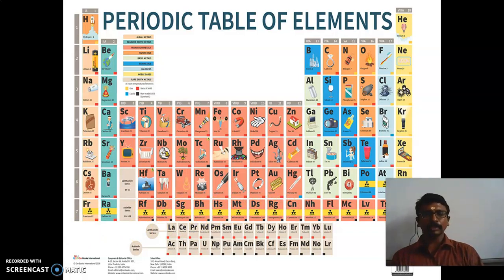Now we will discuss the first transition series. In the first transition series there are 10 elements. In each transition series, how many elements are there, children? 10 elements. So first we will discuss the first transition series, that is scandium, titanium, vanadium, chromium, manganese, iron, cobalt, nickel, copper, zinc.